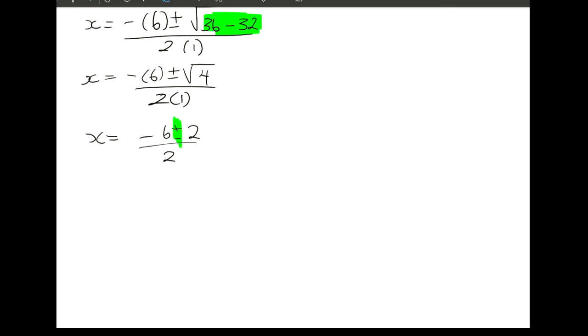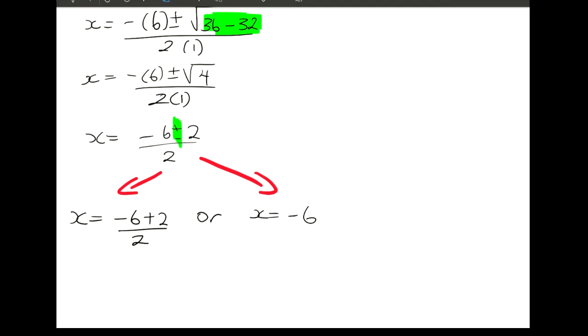So we have to split this equation into two. When 2 is positive, x equals minus 6 plus 2 over 2. And when 2 is negative, minus 6 minus 2 over 2.